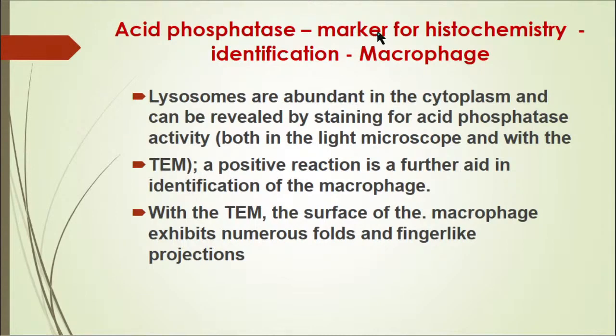This is a main marker for histochemical identification of macrophages. Lysosomes are abundant in the cytoplasm and can be revealed by staining for acid phosphatase activity, both with the light microscope and with the transmission electron microscope. The positive reaction further aids in identification of macrophage.